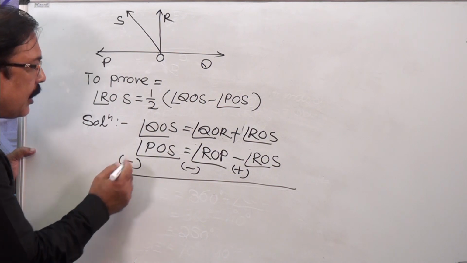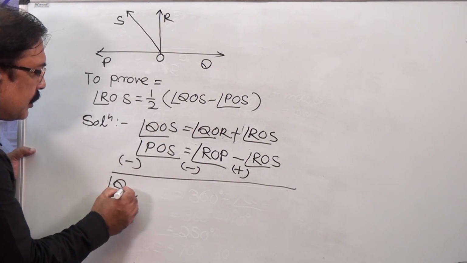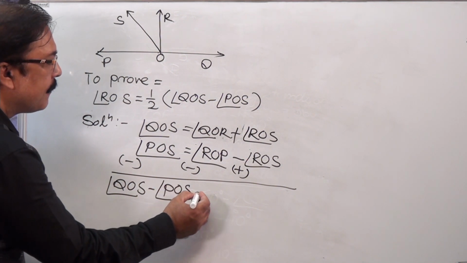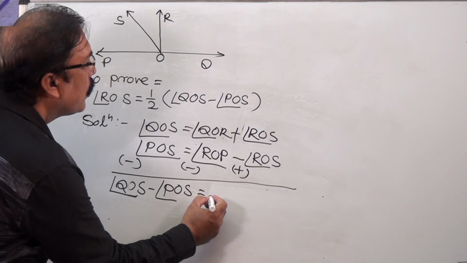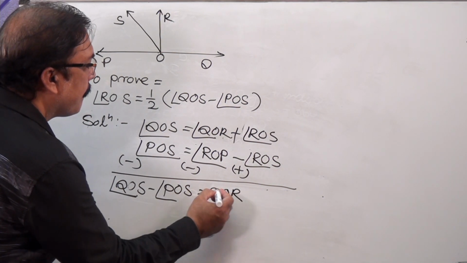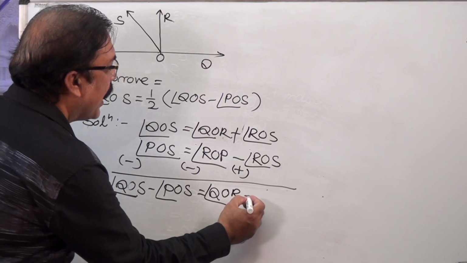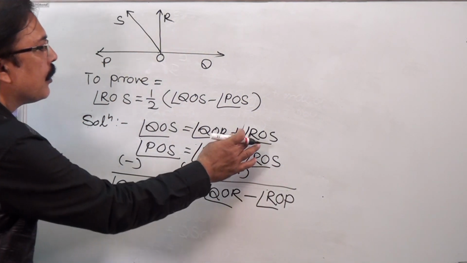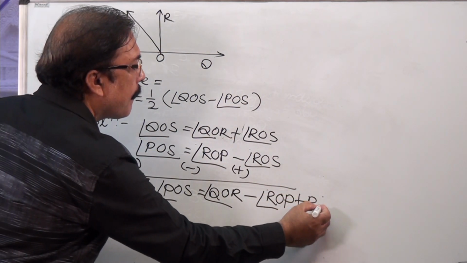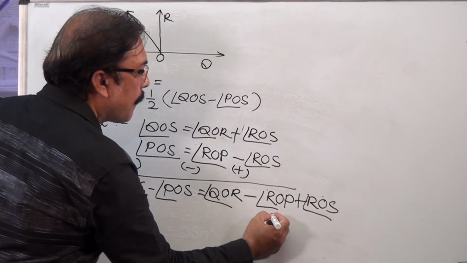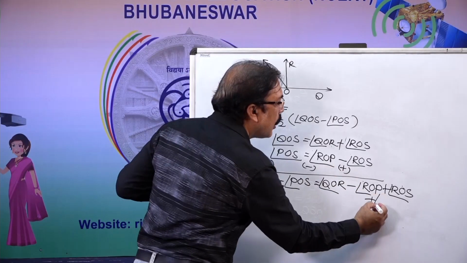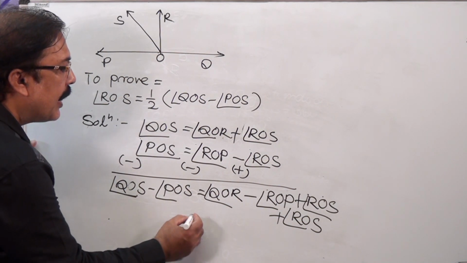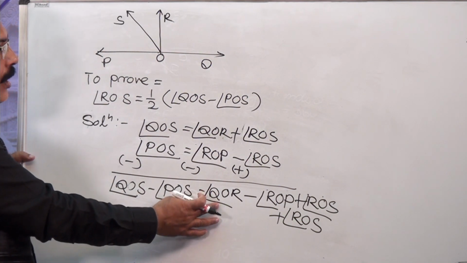So, on the left side, QOS minus POS is equal to QOR minus ROP plus ROS plus ROS. Now you see on the right side, what is the measure of angle QOR?